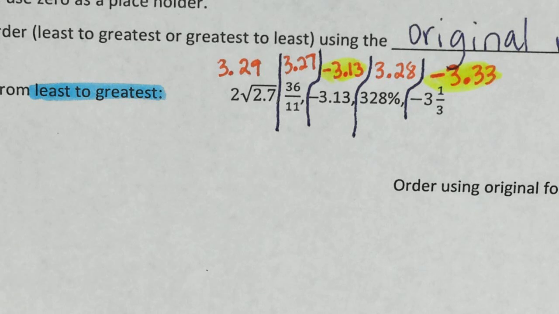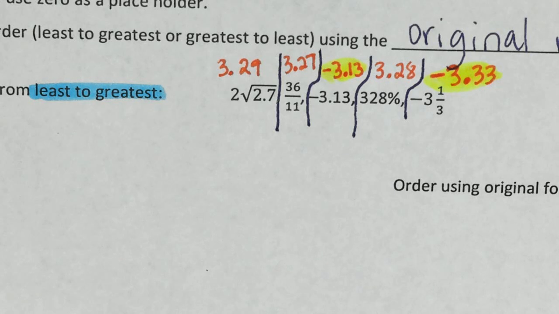Which one do I owe more? That means this is worth less. The more money you owe, the less you have. Y'all agree? So it's worth less. So this one goes first because I'm going least.